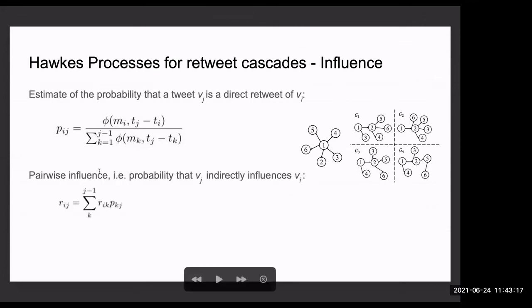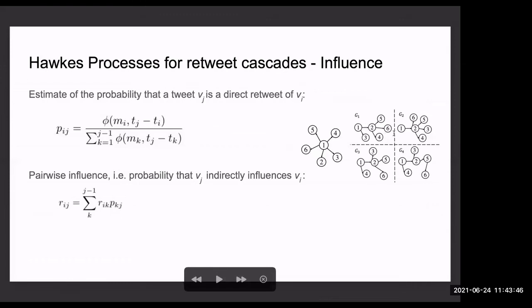And from this we also get a pairwise influence. So what is the probability that, in this chain of events from 1 to 6, 6 is an indirect retweet of 1?